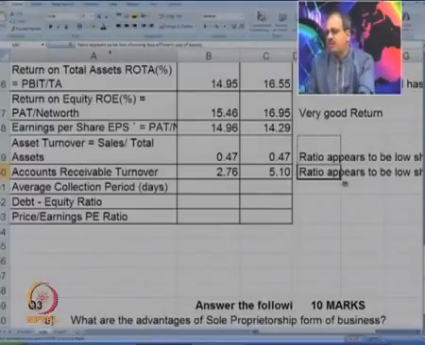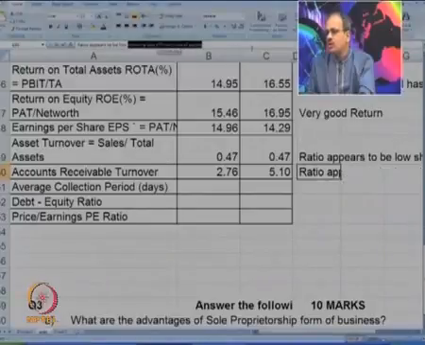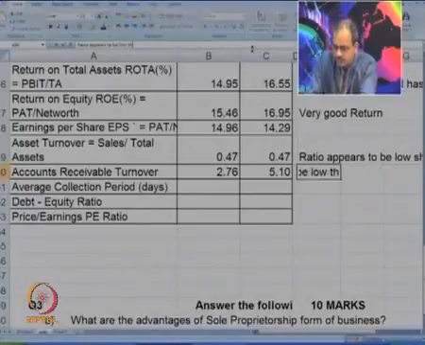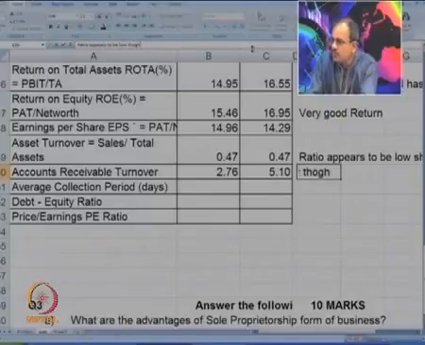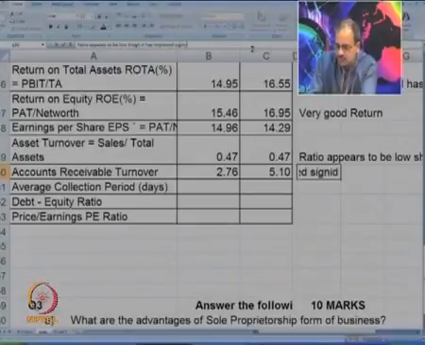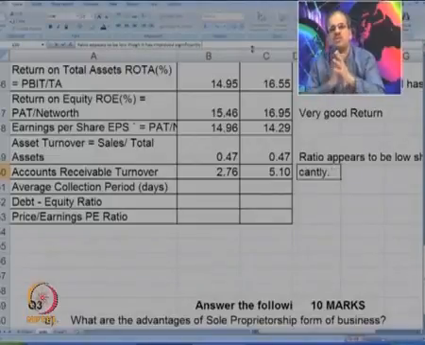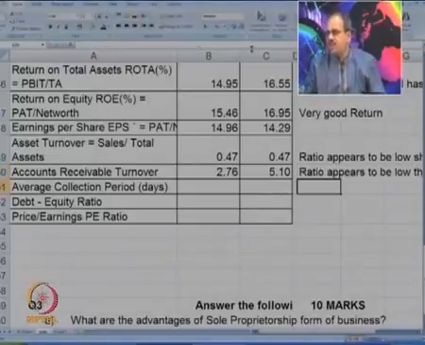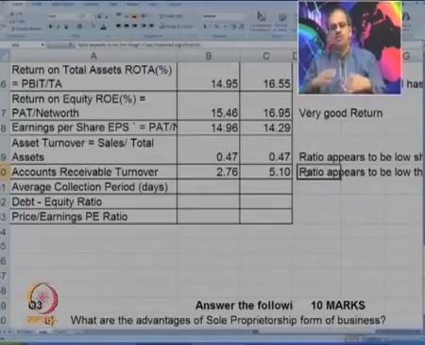So, I will say the ratio appears to be low, though it has improved significantly, because you see a double growth in the ratio.